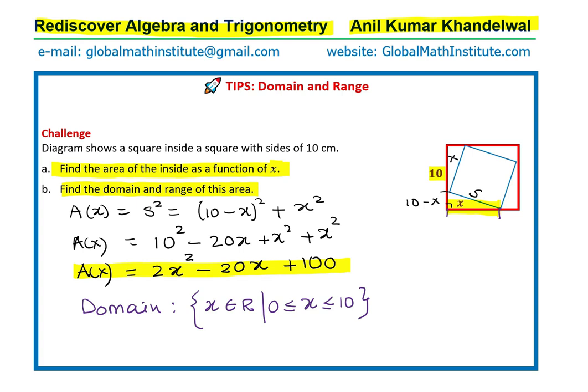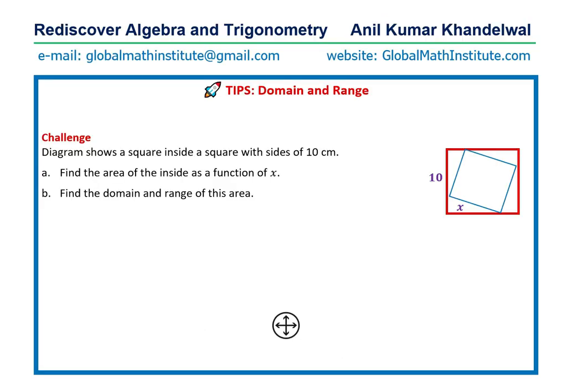So let's take this equation 2x squared minus 20x plus 100 on a fresh page, complete the squares, and get it in vertex form. So we have the area function equal to 2x squared minus 20x plus 100. So follow the standard way. Take 2 common.